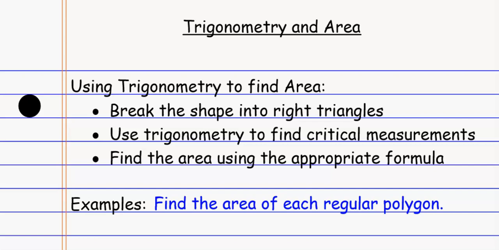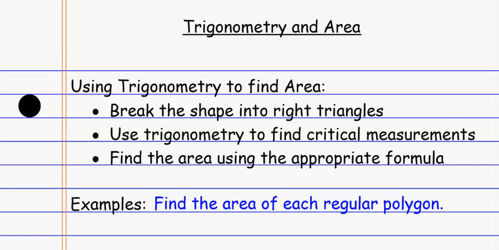So whether this is a regular polygon and I need something like the apothem, or whether it's a regular polygon and I need something like the perimeter, I need to work my way back across to that, or whether this is a triangle and I need to find the altitude, I break the shape into right triangles. I find the measurements I need using trigonometry, and then I use the appropriate formula to find the area, doing exactly what I've done in the previous lessons, okay?